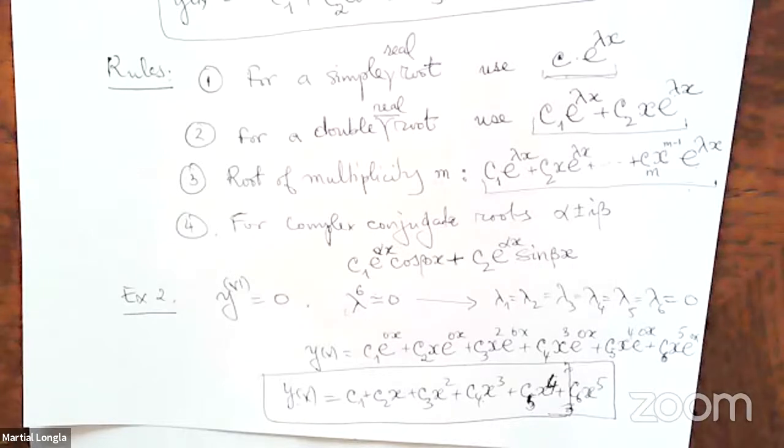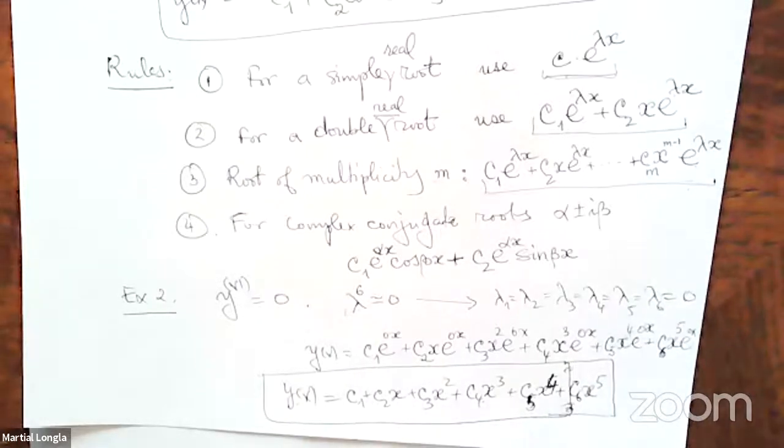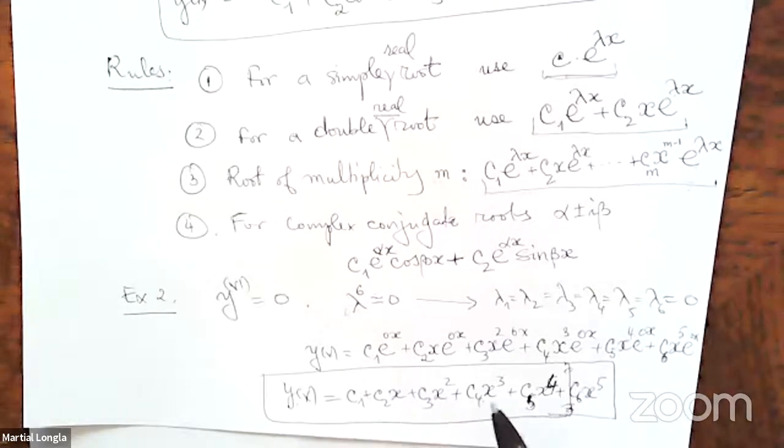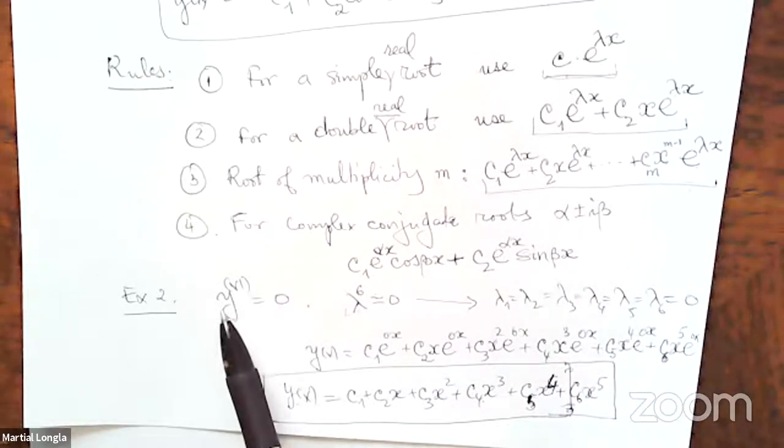And what you forget is the sum of all those c's is just one big C. So you wrote one solution, one of the 6. So you don't have it. It should be C1, C2x, C3x squared, C4x cubed, C5x to the 4th, C6x to the 5th, as the formula says.